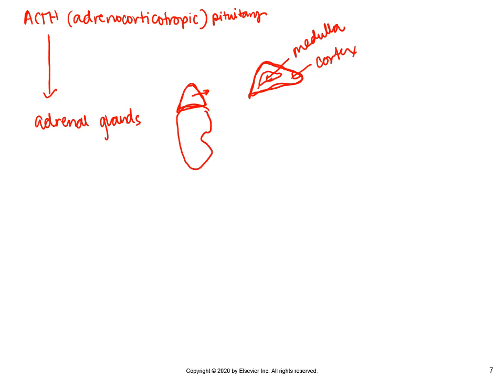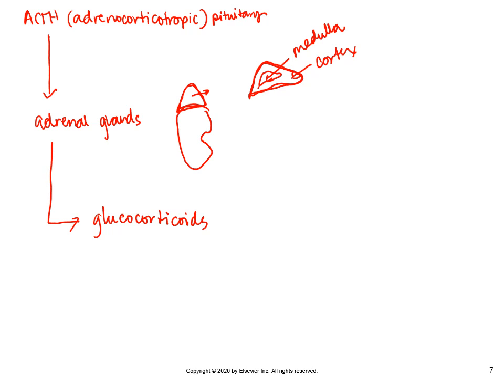So in the adrenal glands, there's going to be a release of what we call glucocorticoids, and adrenal androgens. But let's go back to the glucocorticoids.